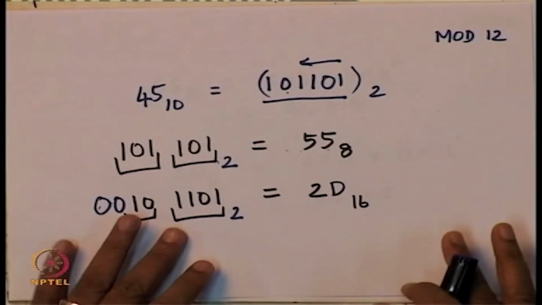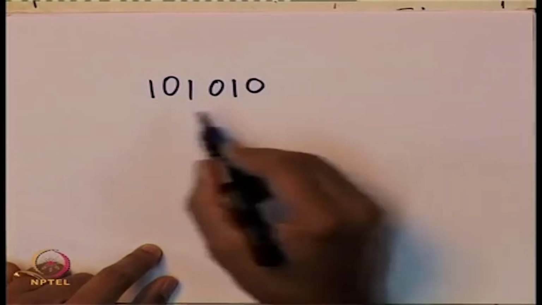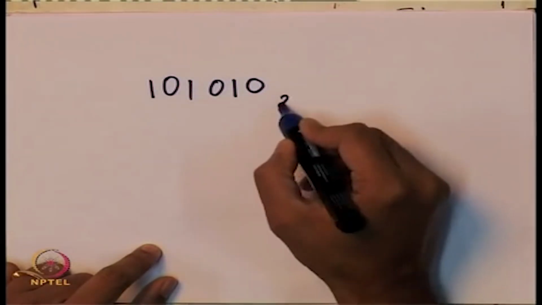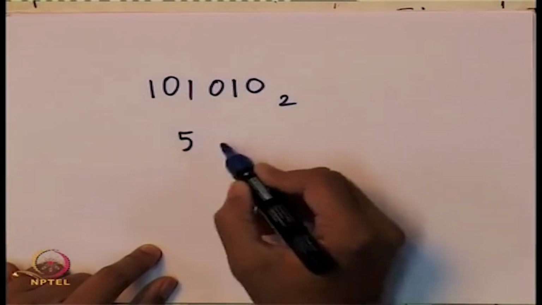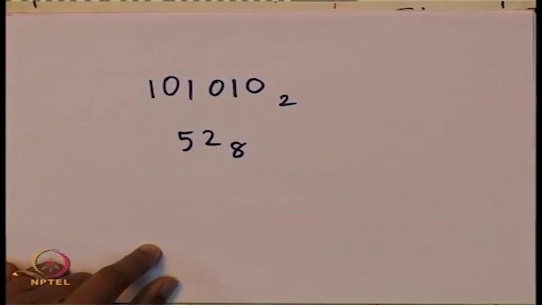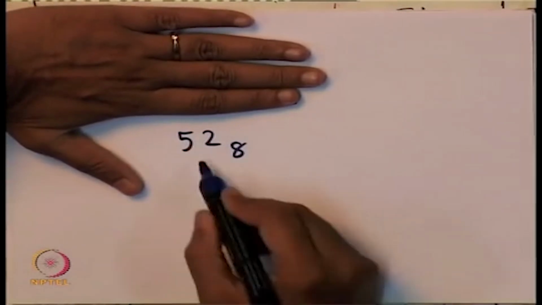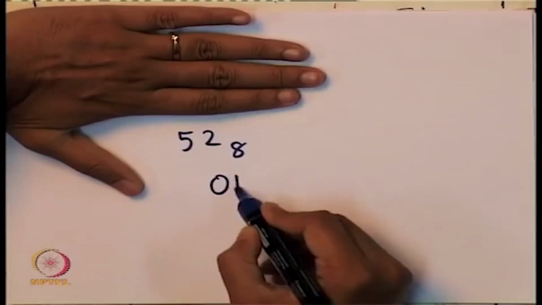So for example, let us say I only had the octal representation 52 base 8, then I can go and write the binary representation.